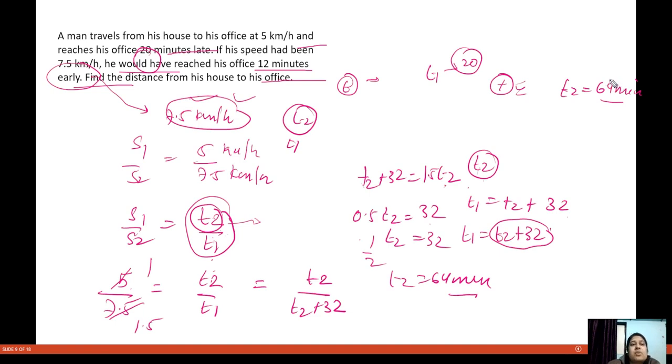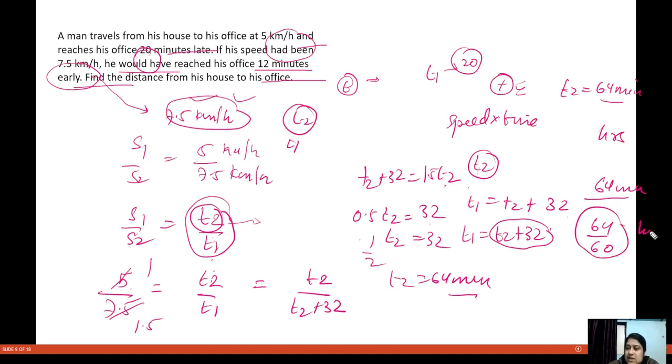We have this as 64 minutes. Now distance is equals to what? Speed into time. But this speed is in kilometer per hour, so you have to convert this into hours. So 64 minutes is equals to 64 divided by 60 hours.